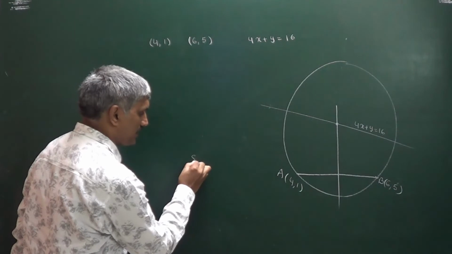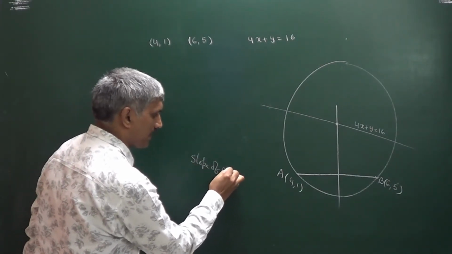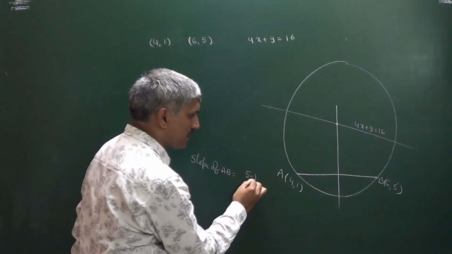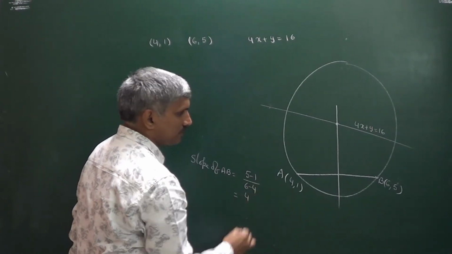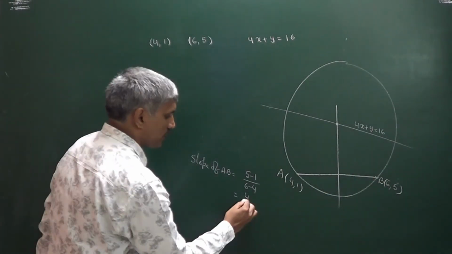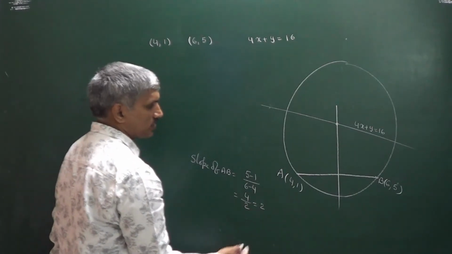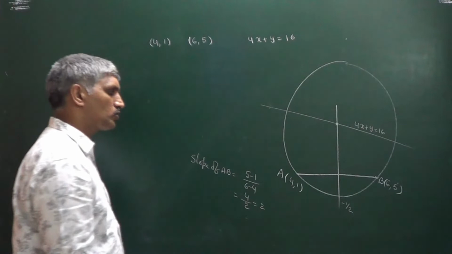Slope of AB is 5 minus 1 divided by 6 minus 4, that is 4 by 2, so we are getting 2. So AB slope is 2 means this line slope must be minus 1 by 2.